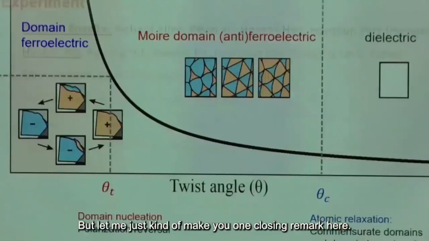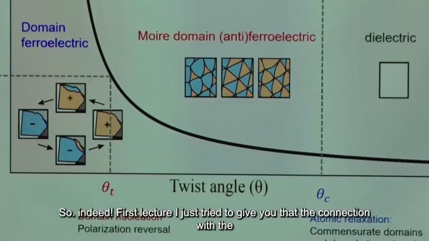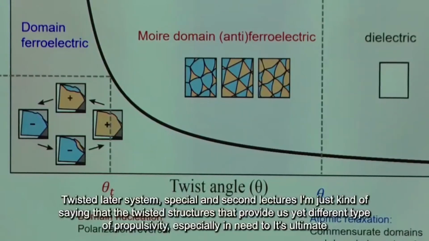Okay, I think that's all I want to say, but let me make one closing remark. In the first lecture, I tried to give you the connection with topology, electronic topology, band structure topologies, into the correlated insulators and superconductors we are seeing in this twisted layer system, especially the multi-layer system. In the second lecture, I was saying that these twisted structures provide yet a different type of topology, especially related to their atomic configurations.